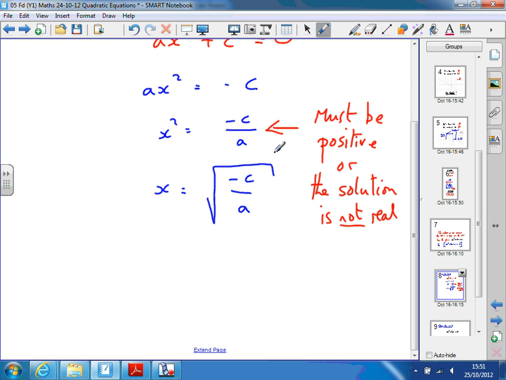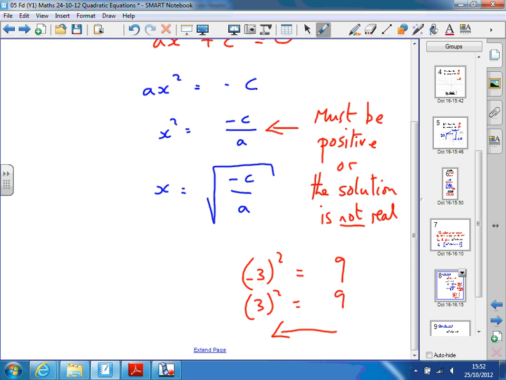The next thing is, whenever I square a number, say I square -3, I get 9. -3 times -3 is 9. If I square 3, I get 9. So going back the other way, when I square root 9, I've no idea whether or not I've started off with +3 or -3.